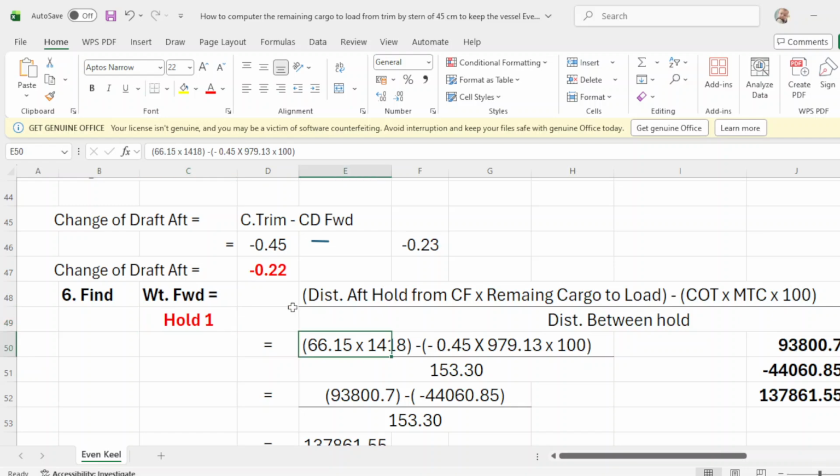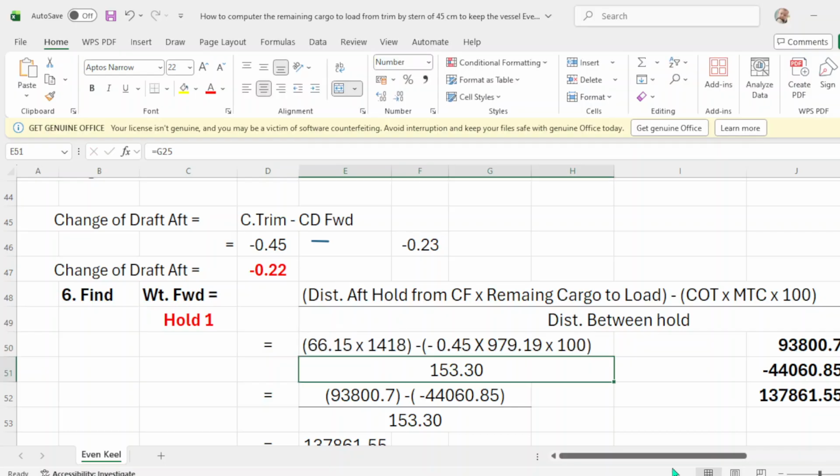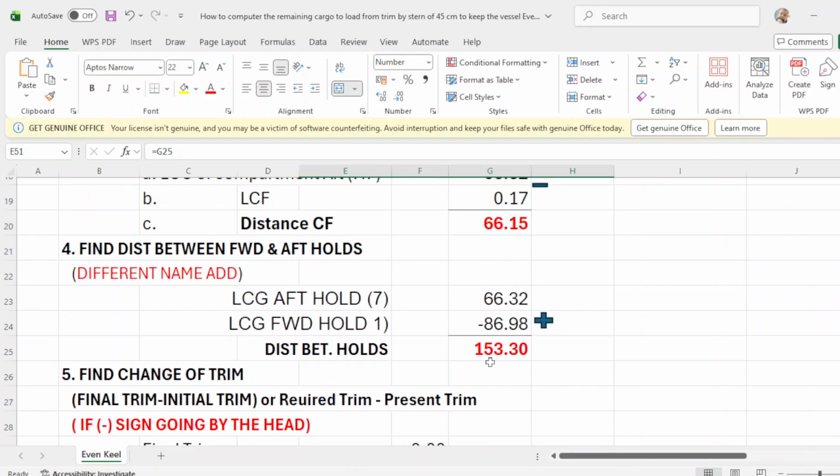Okay, just this. Make it accurate. And your distance between holds is 153.50, which is from hold 7 and number 1.